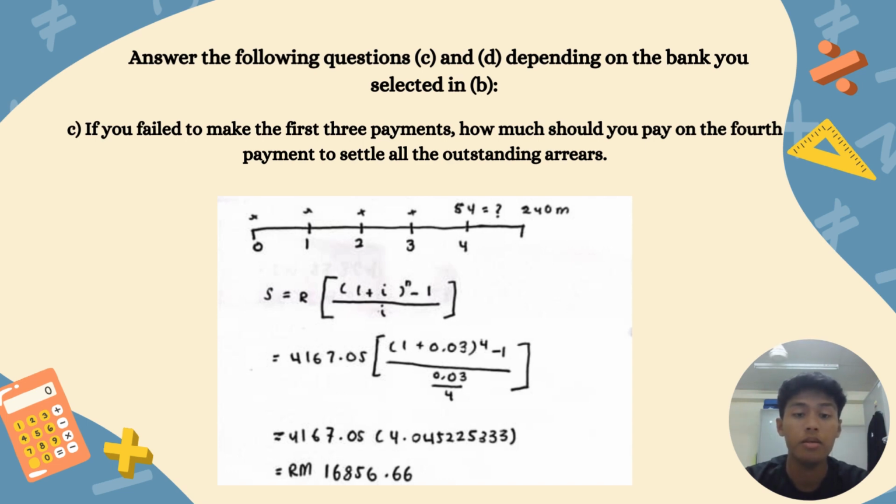Then put the information into the formula, which is 4167.05[(1 plus 0.03 divided by 4) to the power of 4 minus 1] divided by 0.03 divided by 4. Then solve the equation. You will get the answer RM 16,856.66. That is the amount of the outstanding arrears.